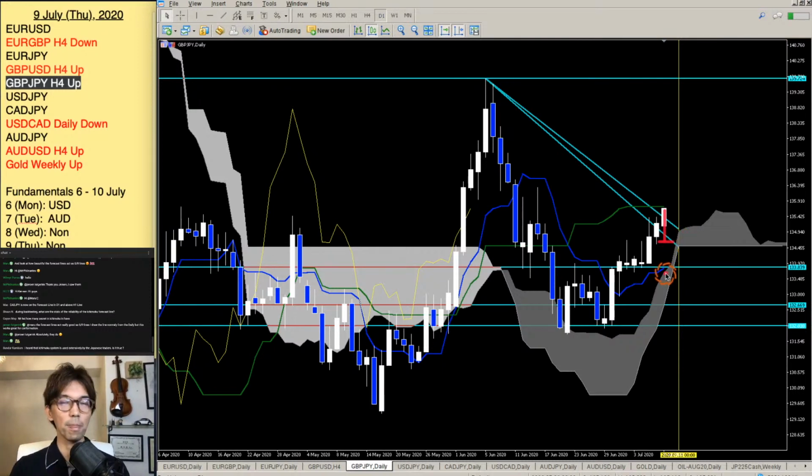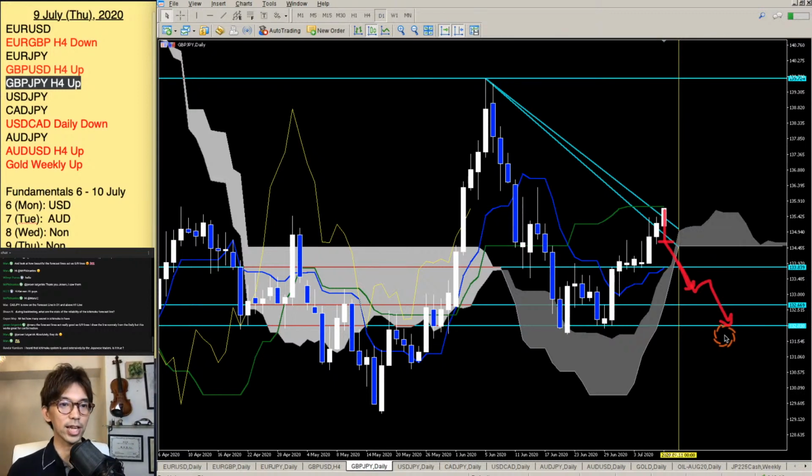So from tomorrow, we can expect that the price will go down. And if the price lands below these forecast lines on the vertical line day, then we can expect that the price will continue to go downwards afterwards.